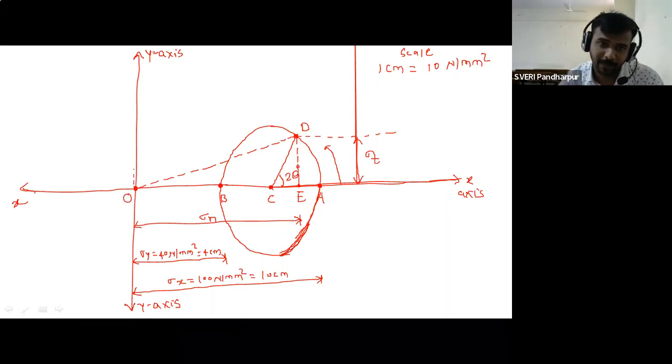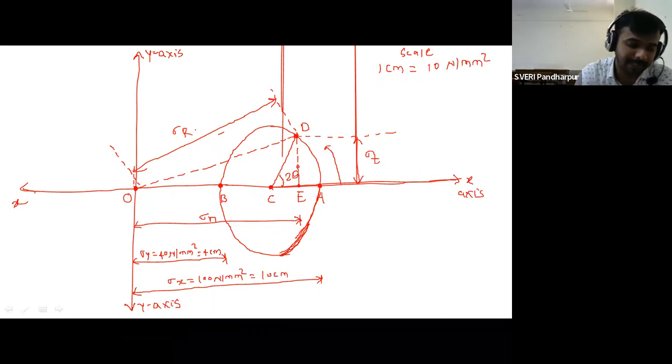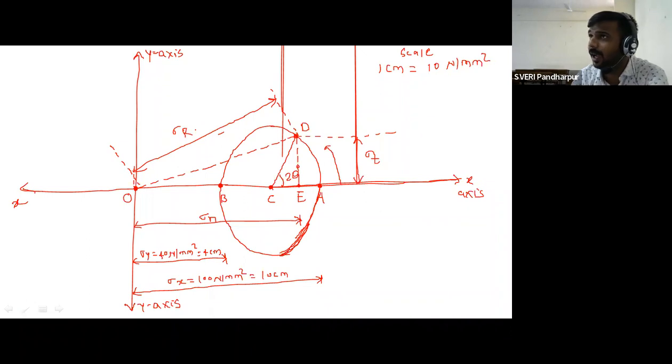OD will be represented by the dotted line, so that distance will be your sigma r. First just mark on the figure which is sigma n, which is sigma t and which is sigma r. So the O to E distance will be sigma n, the D to E distance will be sigma t, and the O to D distance will be sigma r.